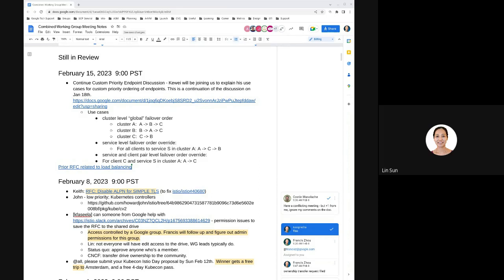Yeah, so if we go down the path of having a dedicated custom resource, which could be priority failover or something like that, I assume that would enable you to configure it mesh wide, and then you could potentially configure it namespace wide, right? Because you have service level failover override.